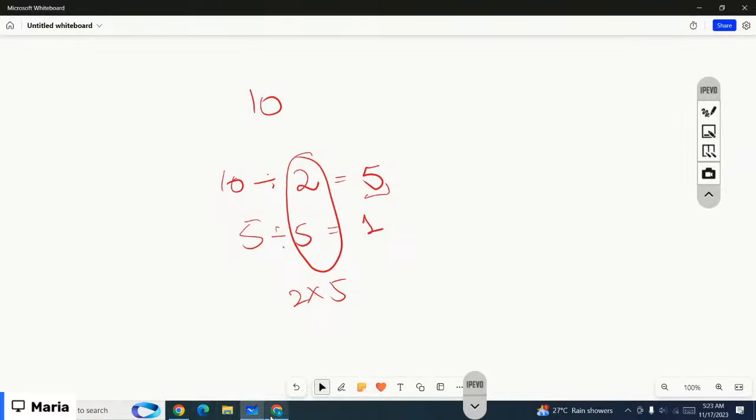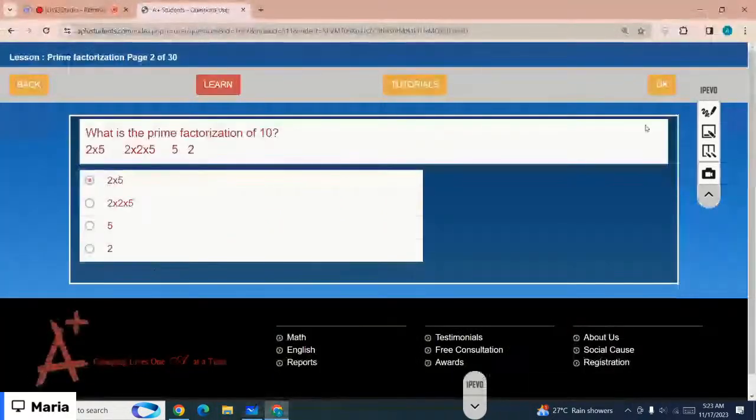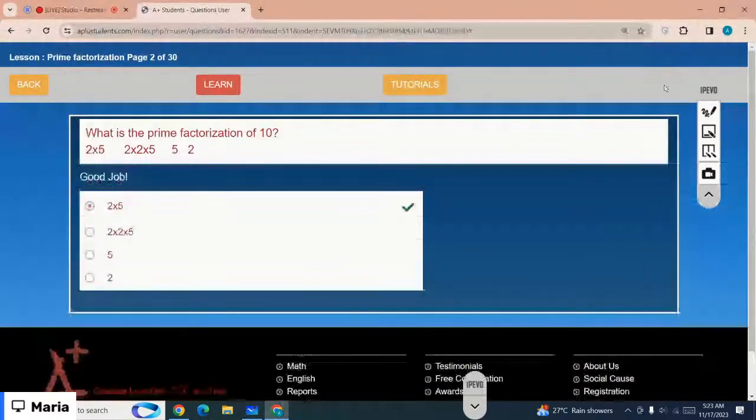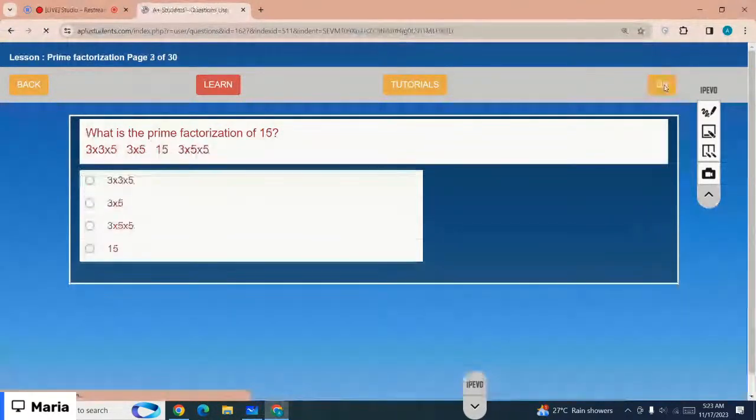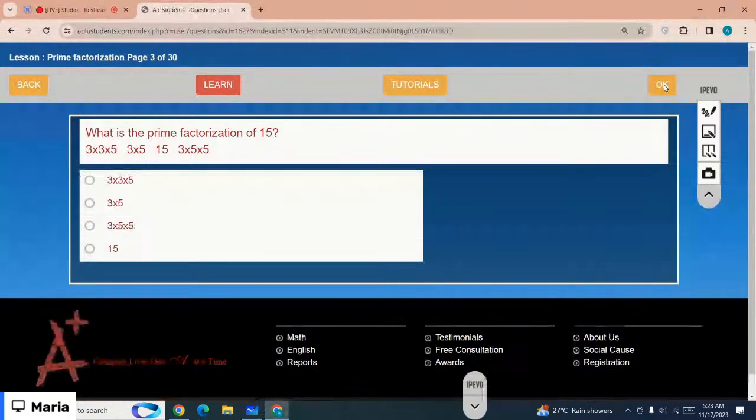The other way is when you are given the options. Just look at the options. The option means the numbers that you multiply to make 15, and all the numbers must be prime, right? Just look at the first option, 3 times 3 times 5. 3 times 3 is 9 and 9 times 5 is 45.